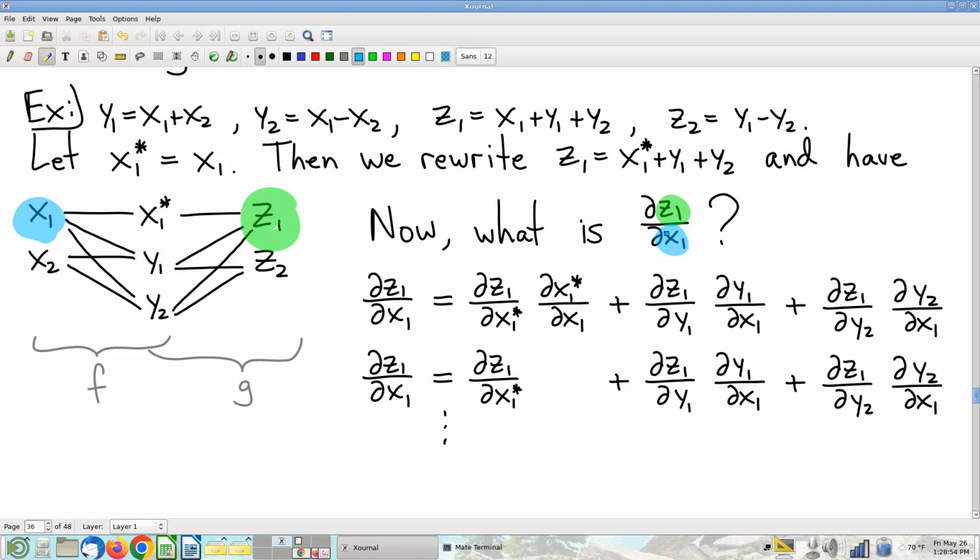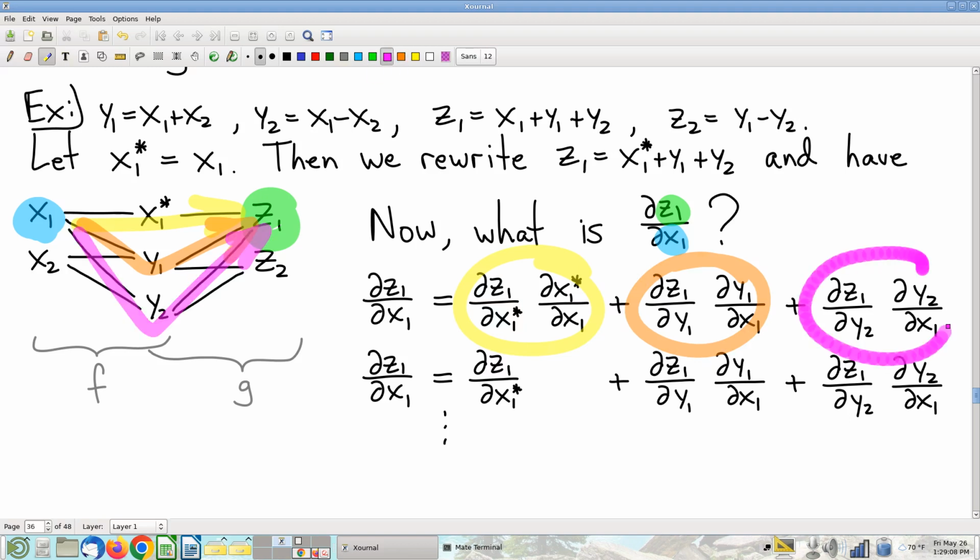Cool. First path, first term. Second path, second term. Third path, third term. Nothing to it. Boom.